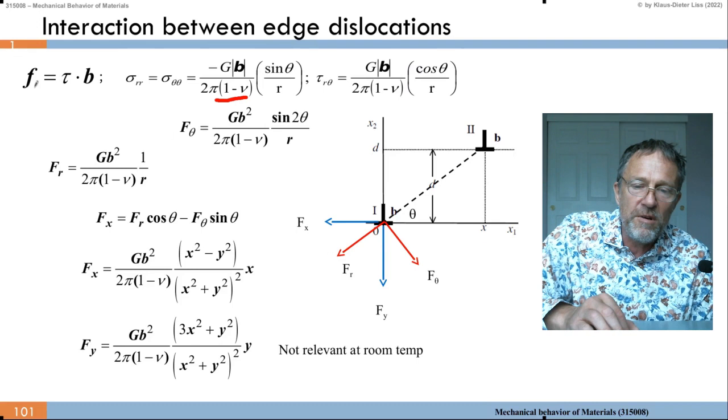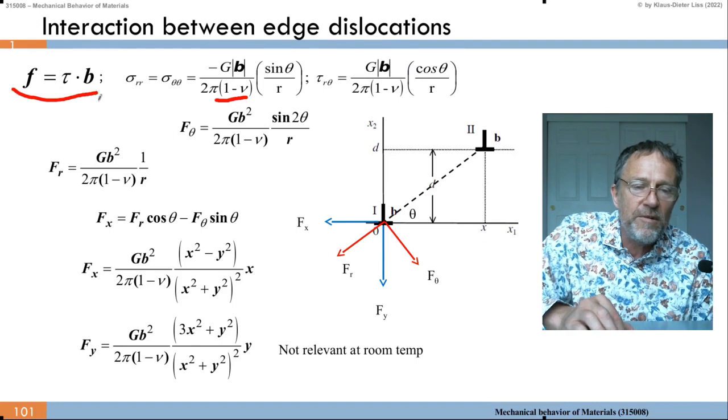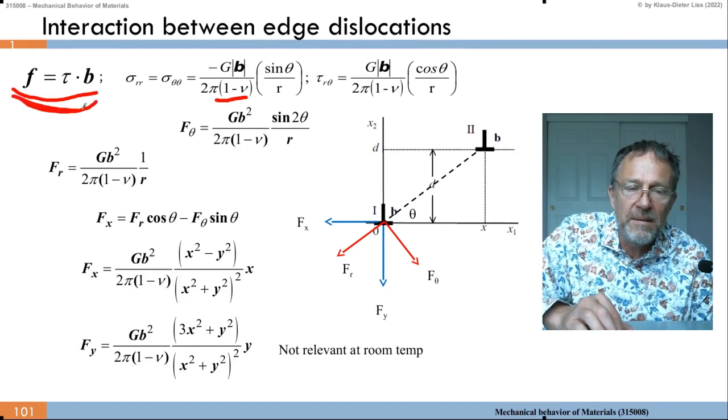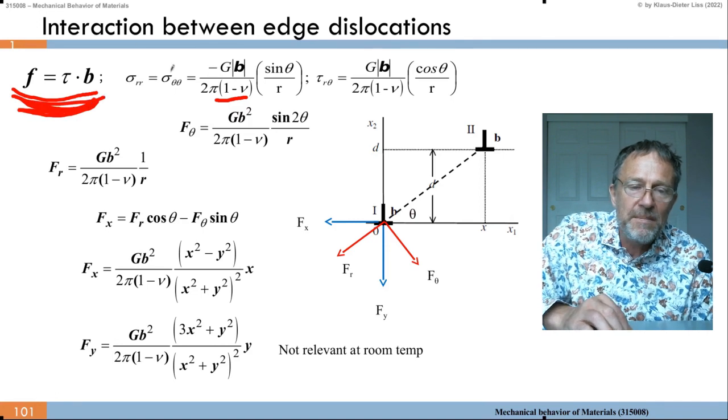But now if we look quantitatively, we get the force. We said already the force is tau times B. Important formula. The force per unit length is tau times B. And the sigma Rr equals the sigma theta theta. Becomes this, sine theta over R. And we have a Burgers vector there. And the tau theta R was with the cosine.